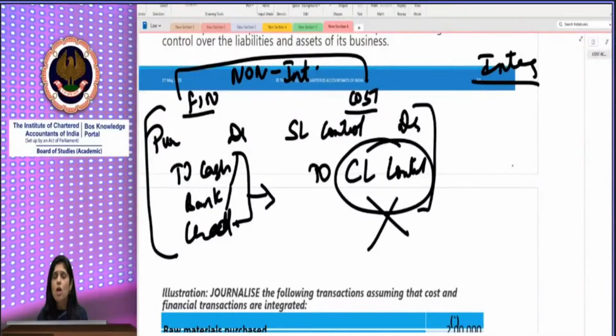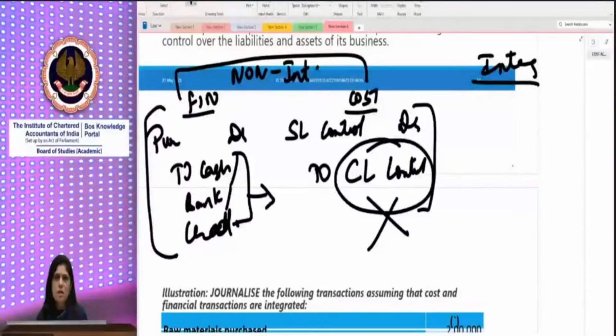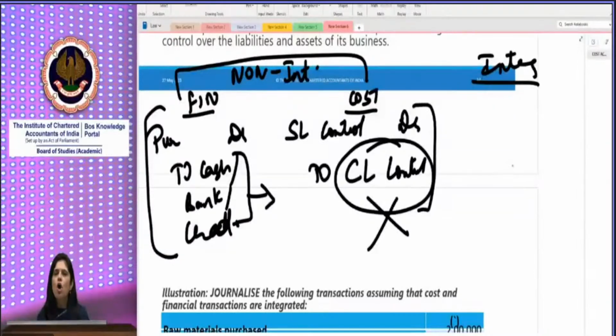I'm repeating. All the entries where cost ledger control account is not used, those entries are same under integrated and non-integrated.